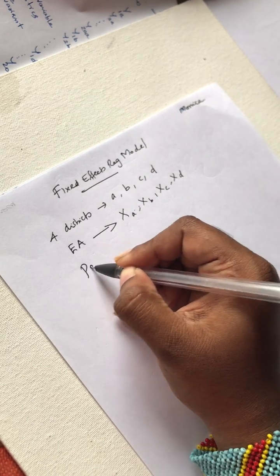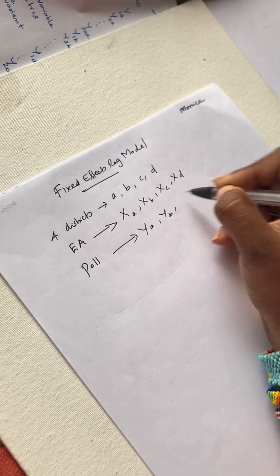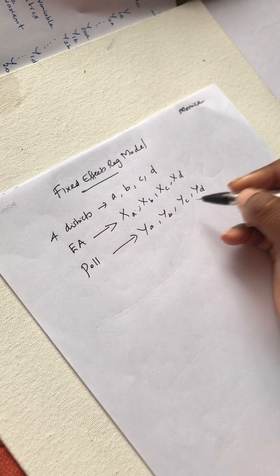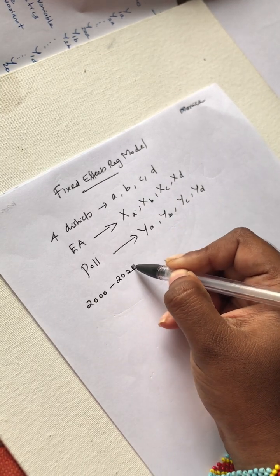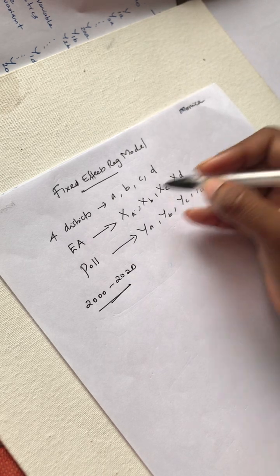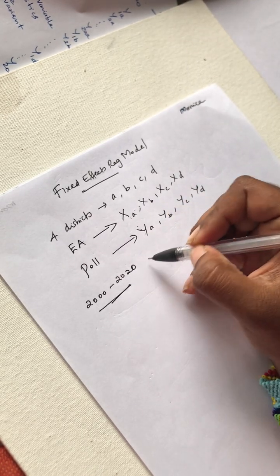And we collect the pollution levels in the 4 districts, over a period of 2000 to 2020, annual data. So that means each of these observations comes down to 20 years of data.